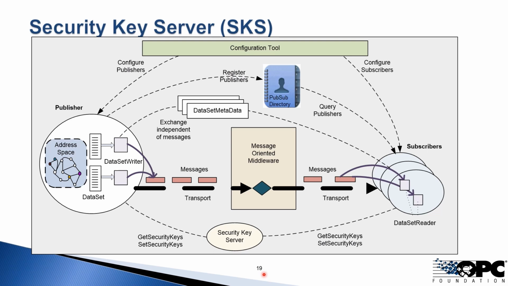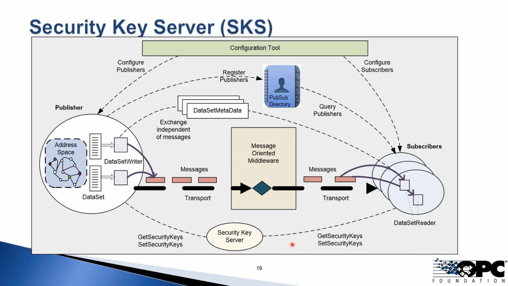So to keep a flow going between a publisher and a subscriber, the keys change every few minutes or every few hours, and the publishers and subscribers need to be using the current and correct key. And to do that, both the subscribers and the publishers need to be in relatively constant communication with the security key server to obtain the latest set of keys.